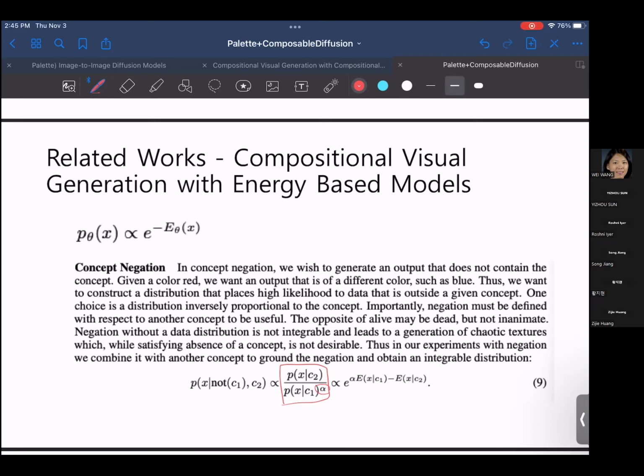If alpha is smaller, then this term will be smaller, and then the condition 1 would be weaker. So then they will ignore this condition and just provide an output image that is conditioned only by C2.